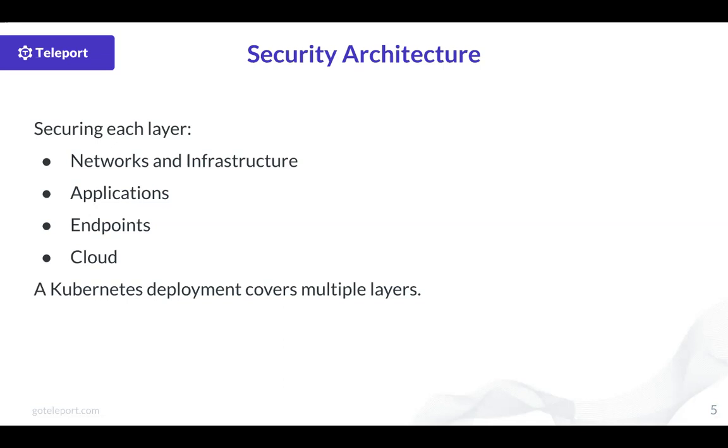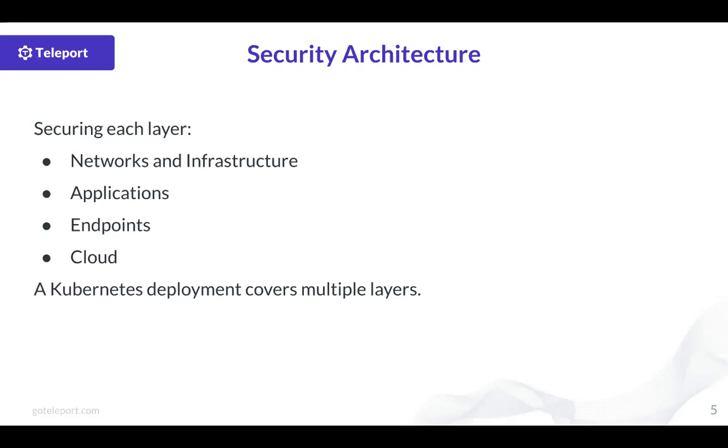For networks and infrastructure, how are users and devices accessing your networks and servers? Is SSH being used? Applications: what applications are running in your network? Who has access to those? How are those being secured, as well as the underlying operating system and host?